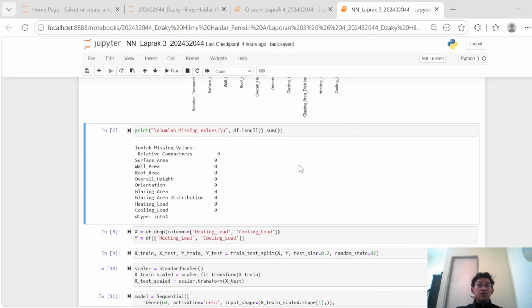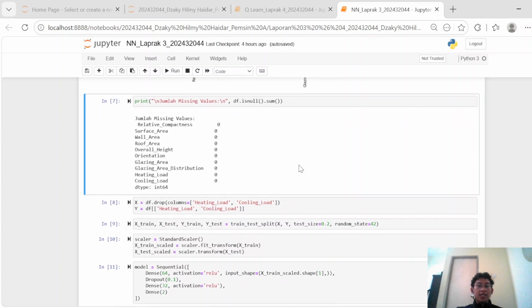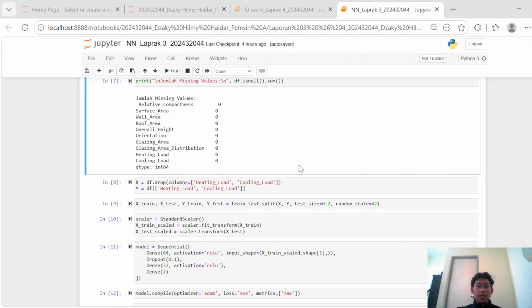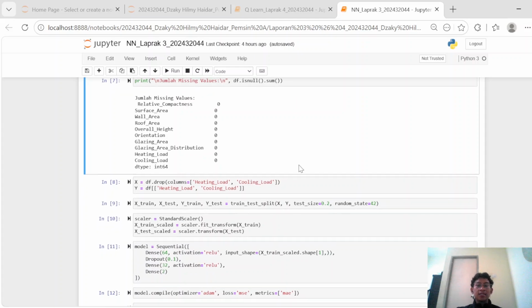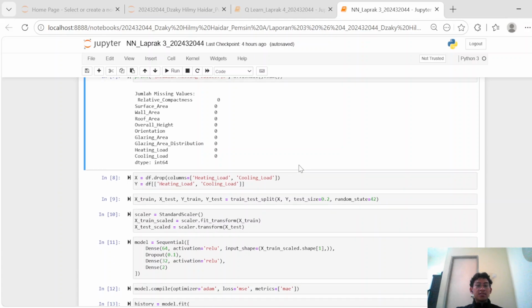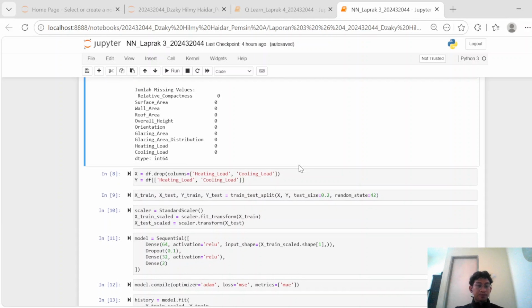Second, the dataset was split into a feature matrix X and the target matrix Y to properly validate our model's ability to generalize to unseen data. I applied an 80-20 train-test split. 80% of the data was allocated to train the network, and the 20% was strictly reserved for evaluation.